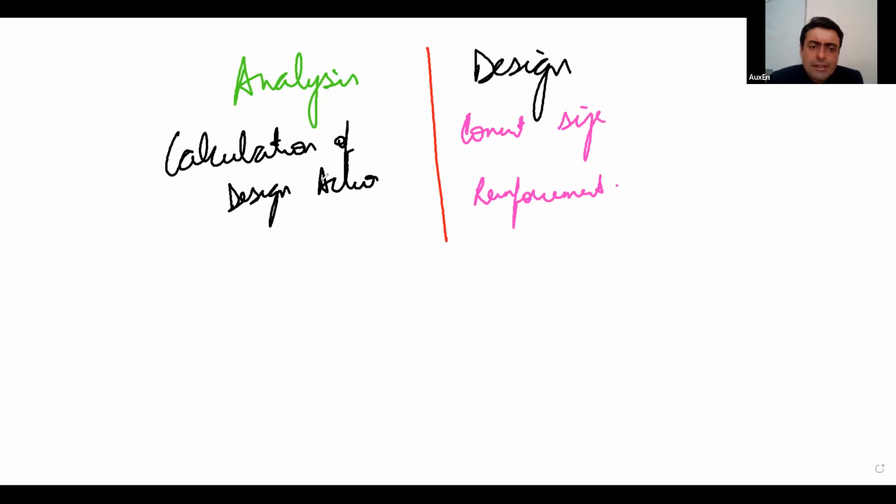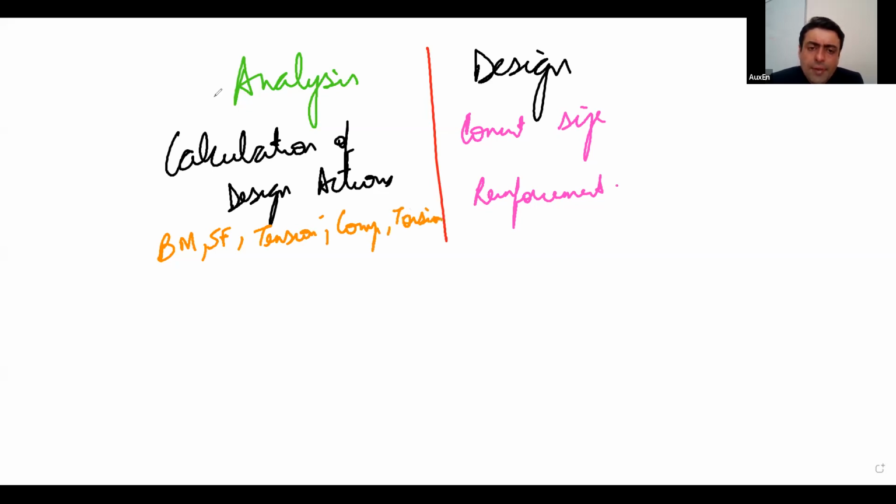Broadly, there would be 5 design actions that we basically are interested in knowing about. So those 5 design actions are, anyone? Those 5 design actions would be bending moment, shear force, axial forces. If I break down axial force into 2 parts, it would be tension and compression, and then torsion.